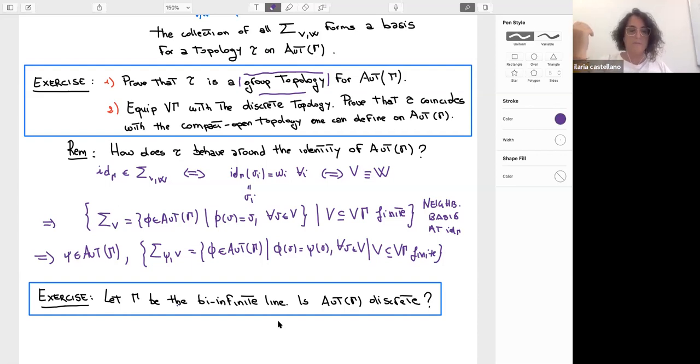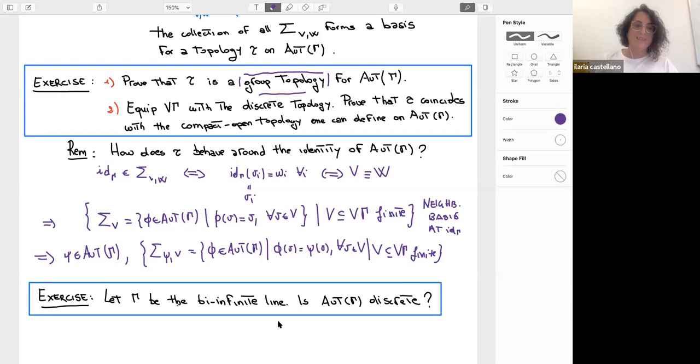But how can we be sure that the topology we have now is non-discrete? In the way I have presented this topology, it's not clear whether it is discrete or not.